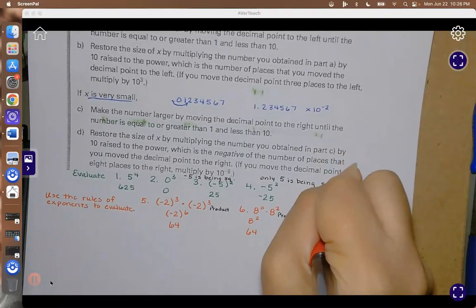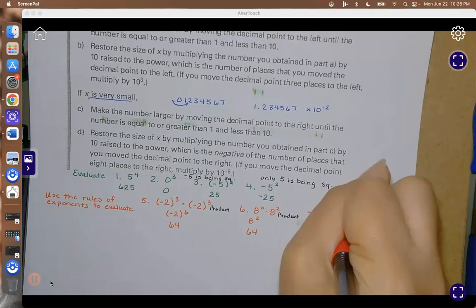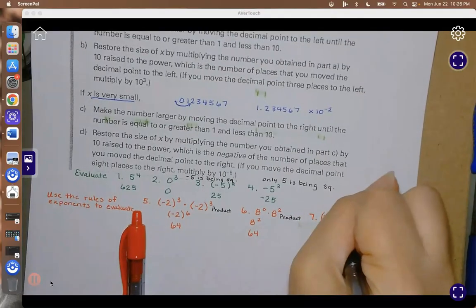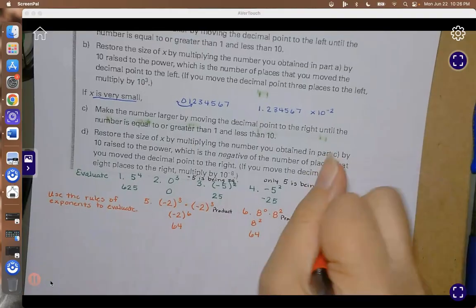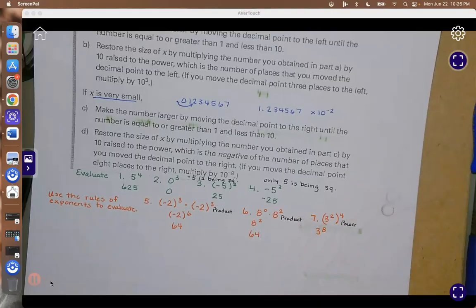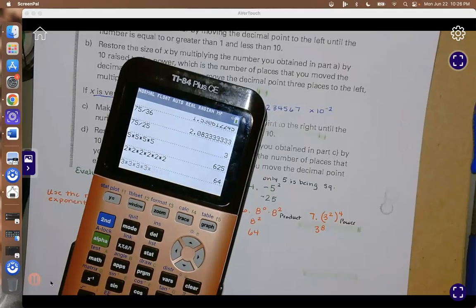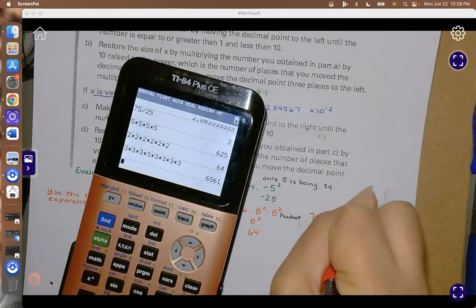Problem 7. 3 squared to the 4. Okay, this one's a power rule. Remember, with power rules, you multiply your powers. So that's 3 to the 8th. So we do 3 times 3 times 3 times 3 times 3 times 3 times 3 times 3. And that's 6,561.